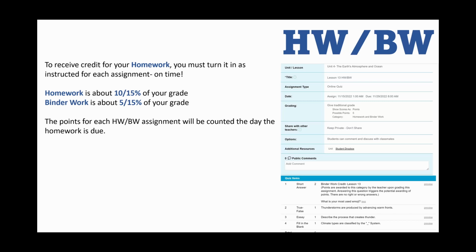So we may have class on one Tuesday, and then I have to think back to decide whether or not you're going to get binder credit for that Tuesday, but it's usually about 5 or 6 days later when I'm putting in that grade. That's why it's important for you to answer the binder work question, because it triggers me to think about you specifically and whether or not you seem to have been participating.